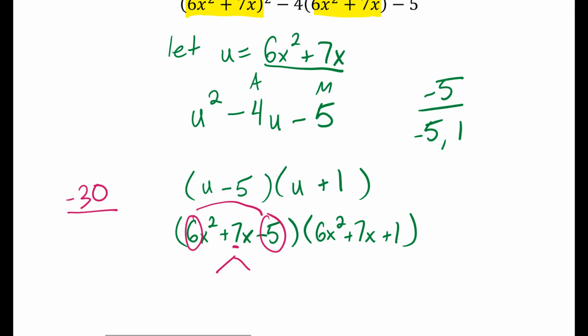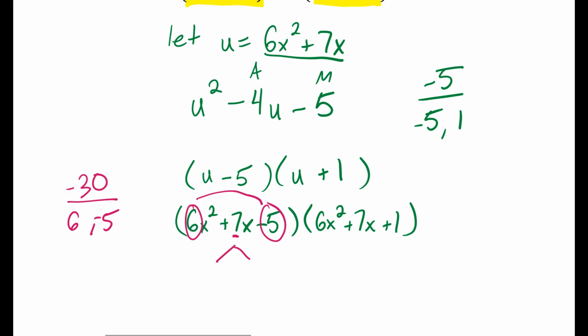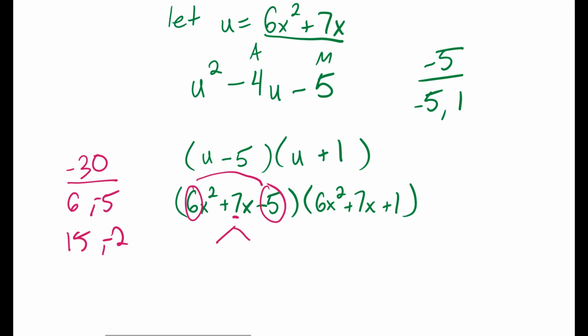Some numbers that multiply to -30: I'm thinking 6 and 5 probably won't get me to 7. 15 and 2 won't get me there either. Sometimes if you have something like -30 that has a few factors, just checking in your calculator might be the fastest method. But if I'm looking at 10 and 3, I notice that if I multiply 10 and -3, I get -30, and they add to 7.